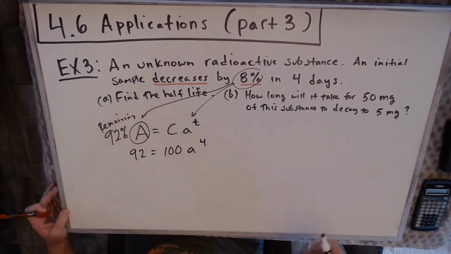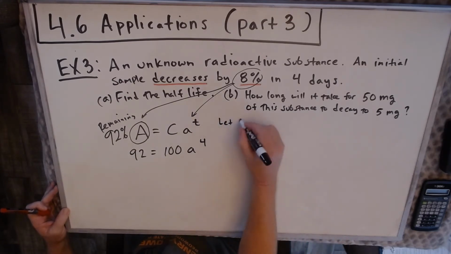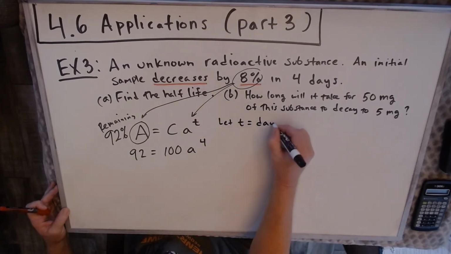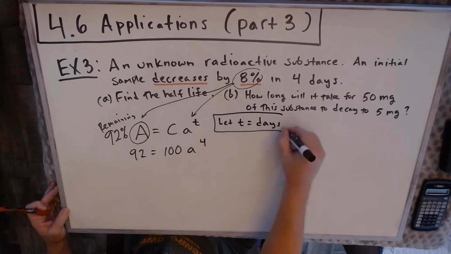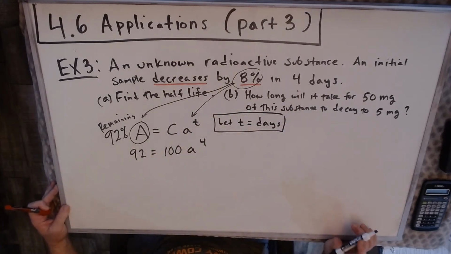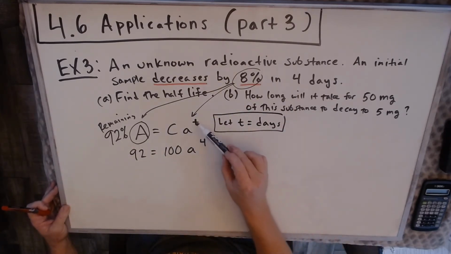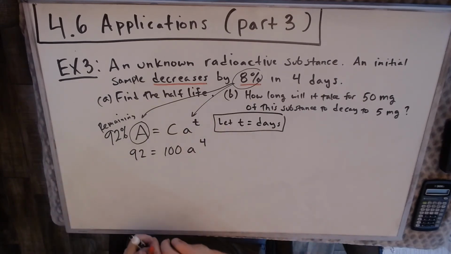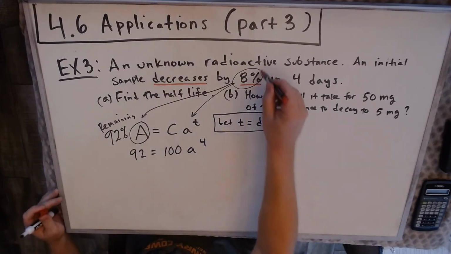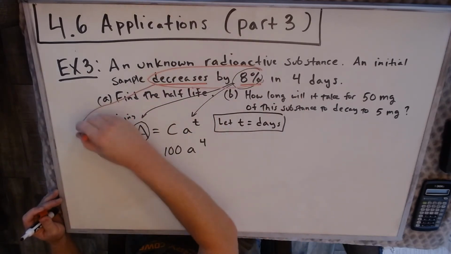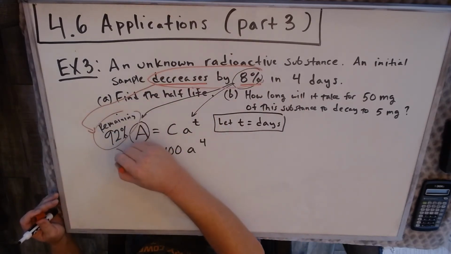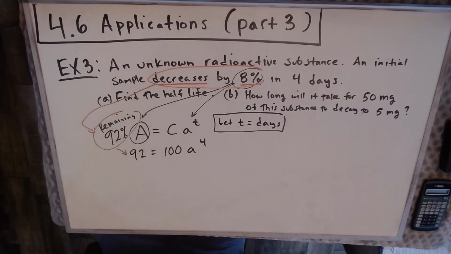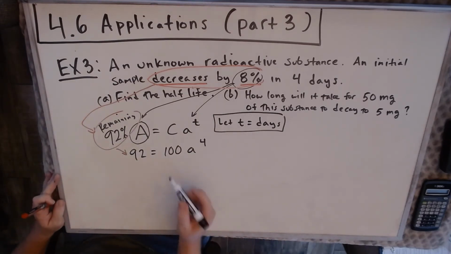in 4 days. So I'm going to let T represent days. So T is equal to 4. If it's decreasing by 8%, that means that 92% is remaining from an original 100%.